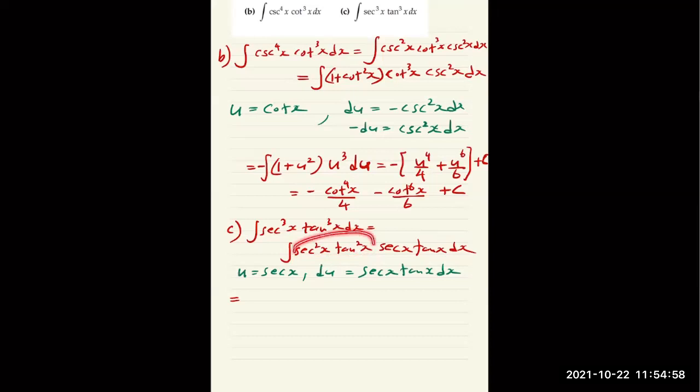Can we write this whole thing in terms of secant? Yes, all you need to do is replace tan x with an expression in terms of secant x. We know that tan squared x is secant squared x minus 1. So I can put secant squared x minus 1 here. I will write that first.